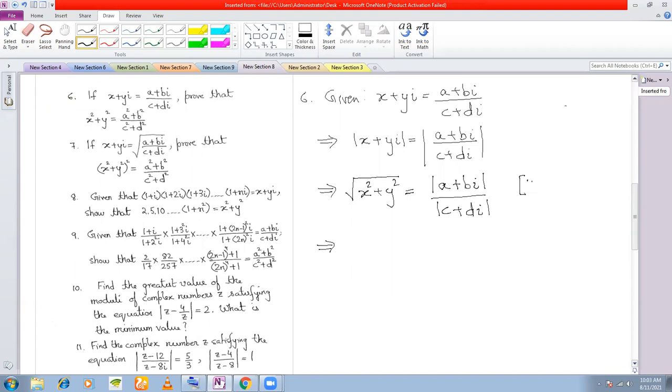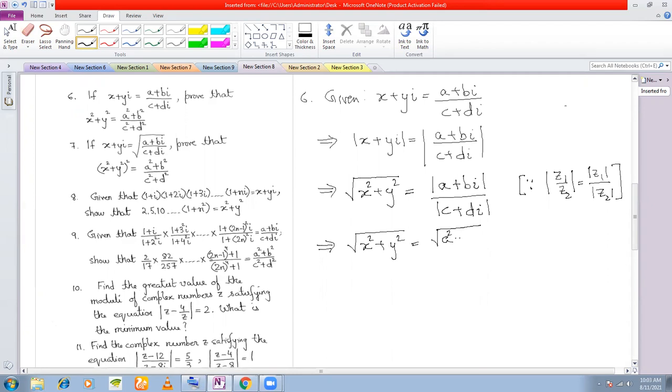I can give you a reason here also, since that is the property. Now mod of a plus bi is the positive square root of a square plus b square, and mod of c plus di is the positive square root of c square plus d square.